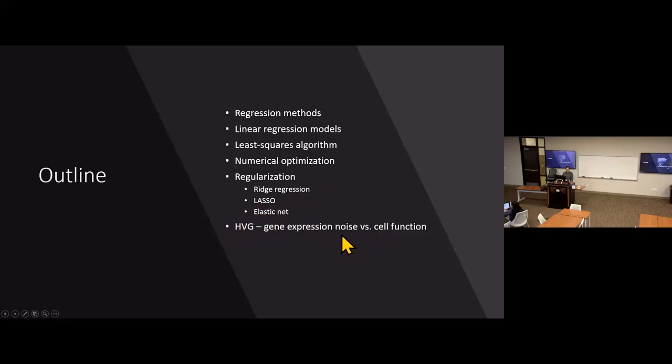Then we will also use regression models to do highly variable gene detection. There are applications in single cell data analysis. It's a direct application of the regression models to find those genes highly variably expressed in a relatively homogeneous population of cells.